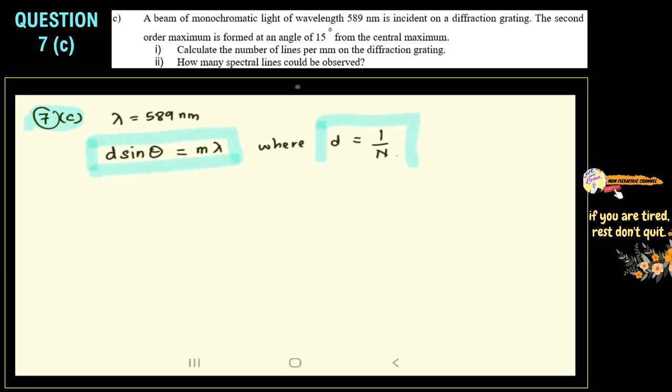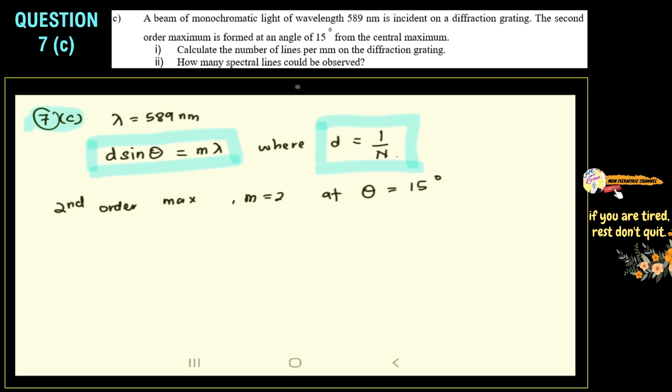So let's relate it to our question. The question states that the second order maximum, which means m is equal to 2, is formed at an angle of 15 degree from the central maximum. That means theta is 15 degree.